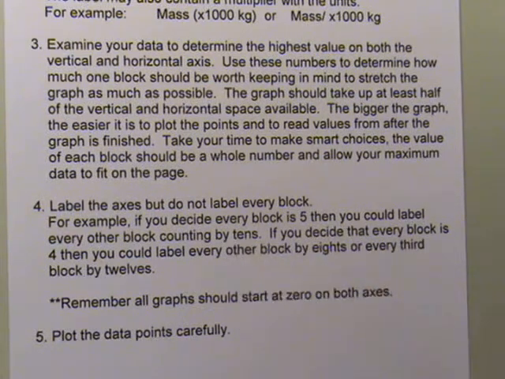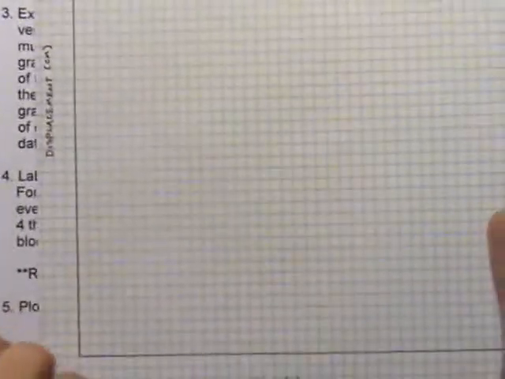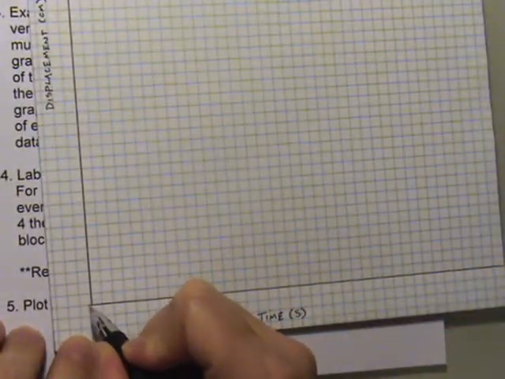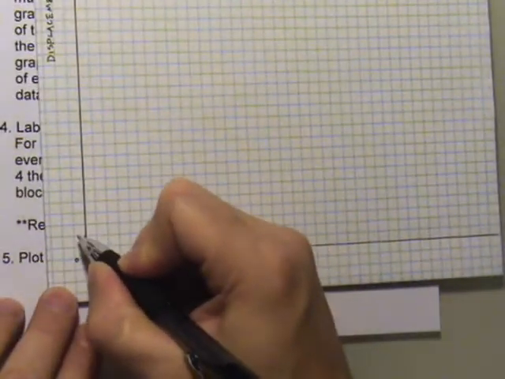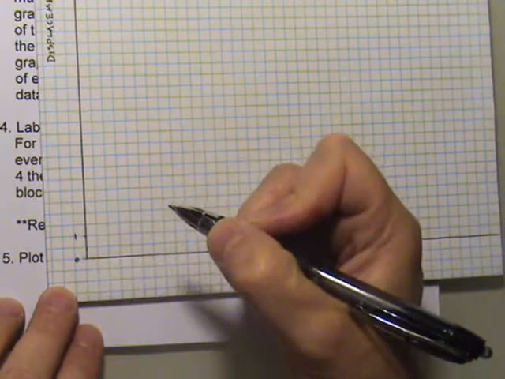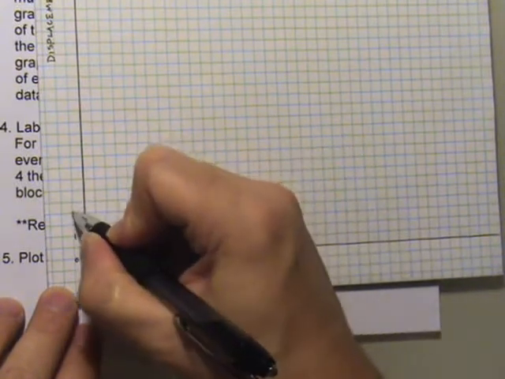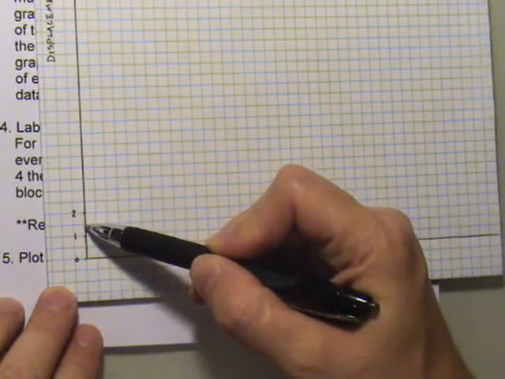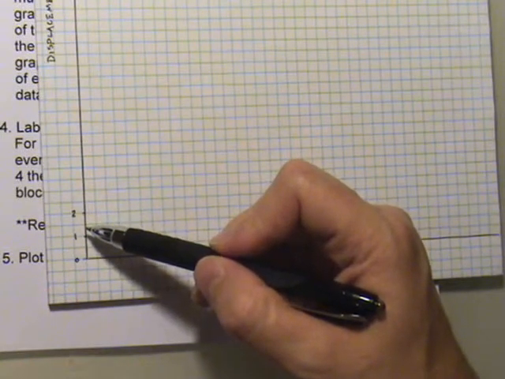I mean, look, if I label this, we decided that each one of these blocks was going to be 0.5. So if I label 0, and I label this one as 1, and this one as 2, is it really challenging for you to recognize that this line must represent 1.5? It doesn't really require any calculation on your part.